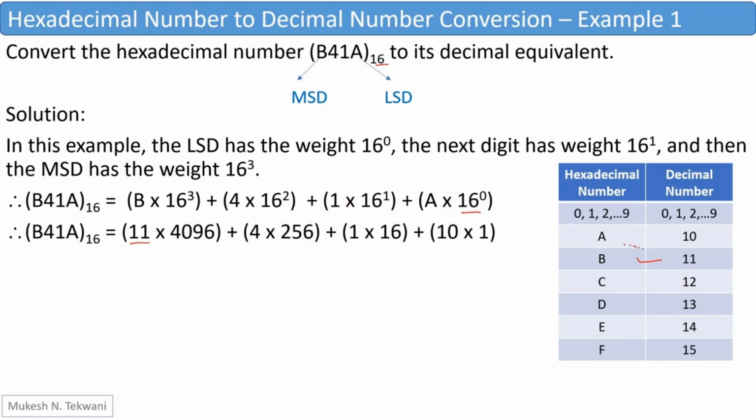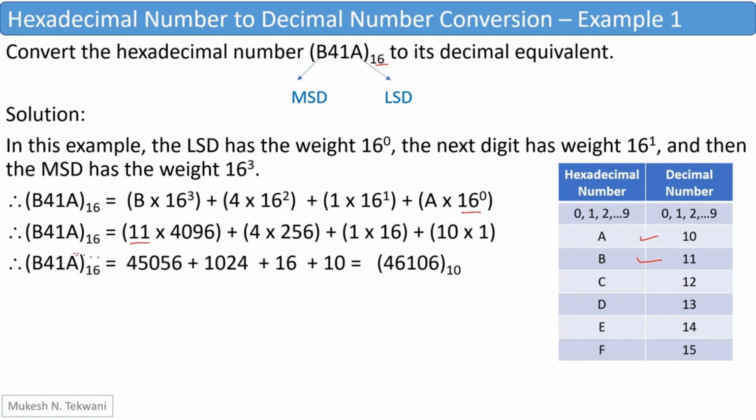Now A we replace with its equivalent decimal value, that is 10. So 10 into 16 raised to 0 is 1, and this can be simplified into 45,056 plus 1024 plus 16, plus 10 into 1 is 10. That is equal to 46106 of decimal.